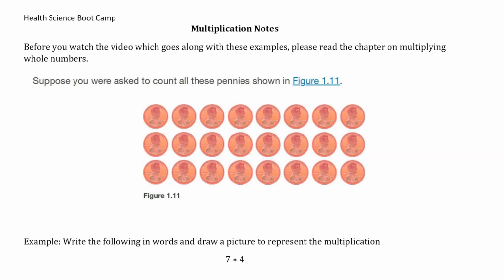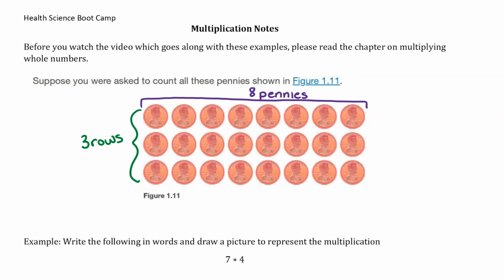So here we have all these pennies that we want to count. Instead of counting 1, 2, 3, what I'm going to do is I'm going to say, okay, in one row of pennies, there are 8 pennies. And there are 3 rows.